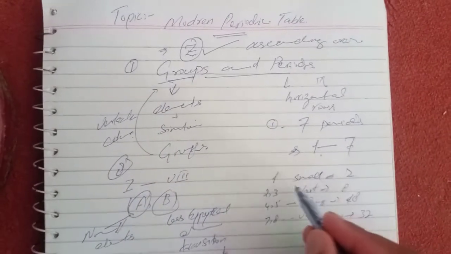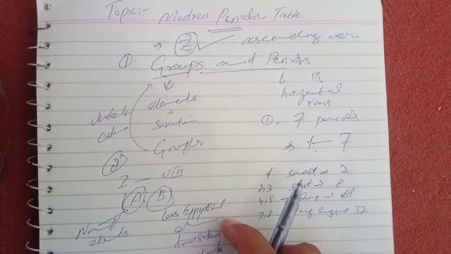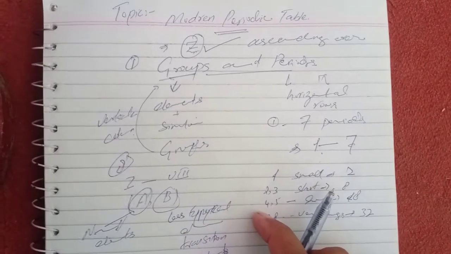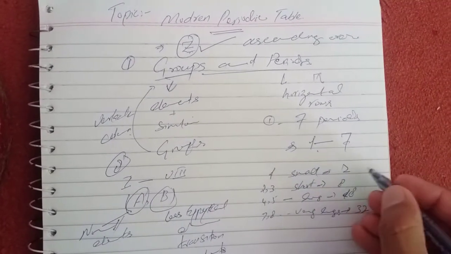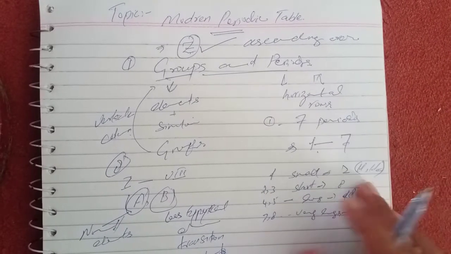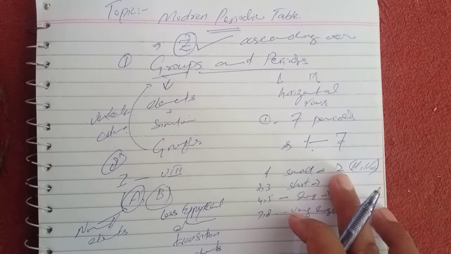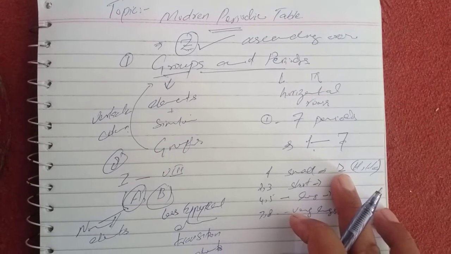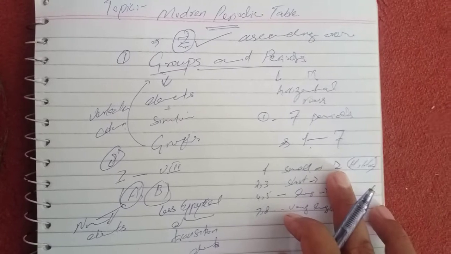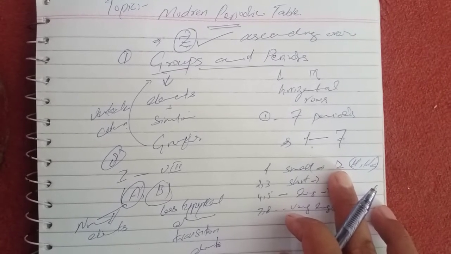The first period is a small period. It contains only two elements, hydrogen and helium. The second and third periods contain eight elements each and are called short periods.